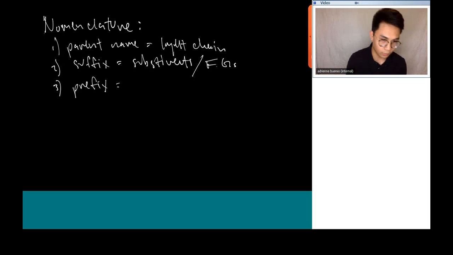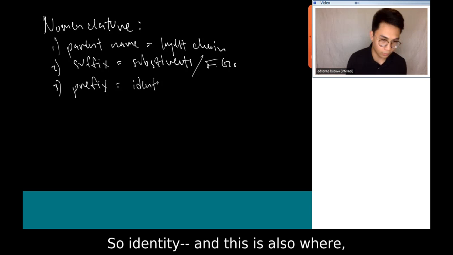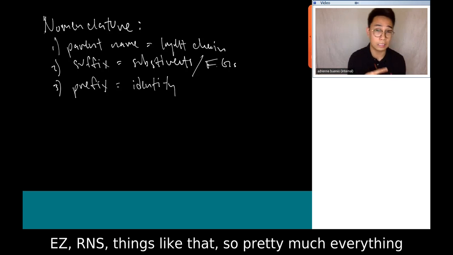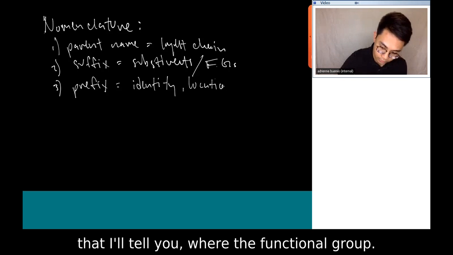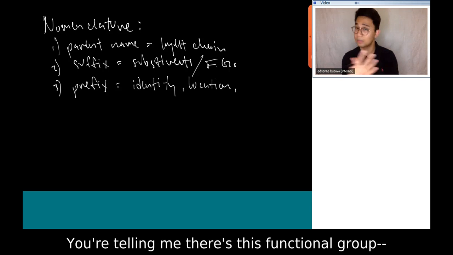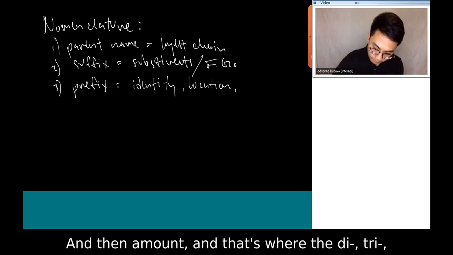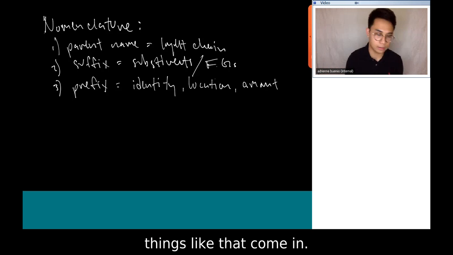So identity, and this is also where, once we start incorporating cis, trans, E/Z, R and S, things like that, pretty much everything that'll tell you where that functional group is. You're telling me there's this functional group there, right? And then amount, and that's where the di-, tri-, things like that come in.